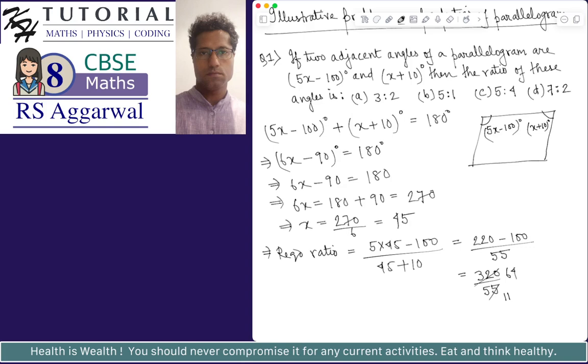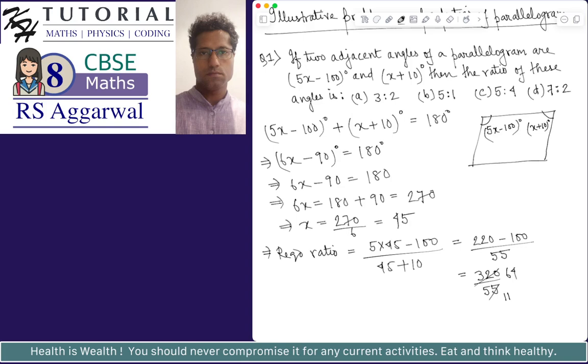No, it is not matching with any of the choices. Let me check if I did any calculation mistake or not. So if two adjacent angles of a parallelogram are this, then we must have 5x minus 100 plus x plus 10 is equal to 180.